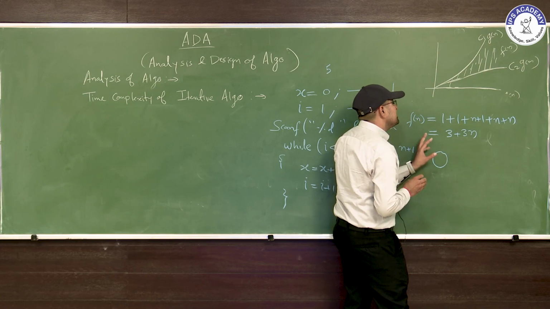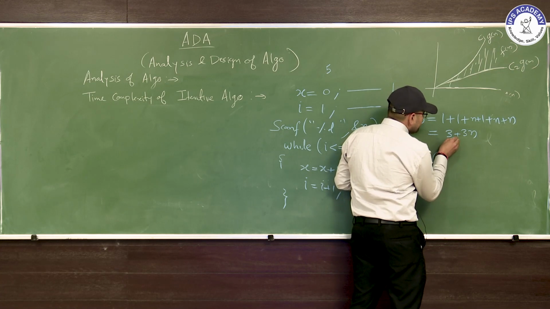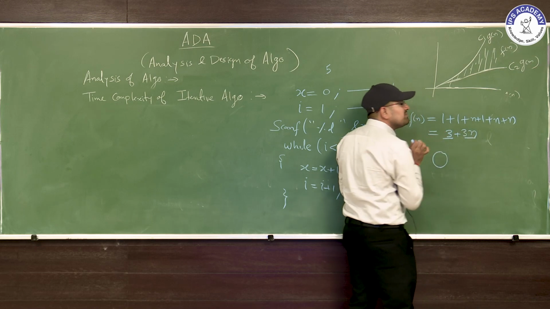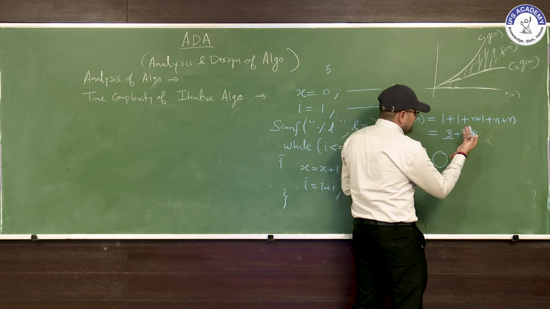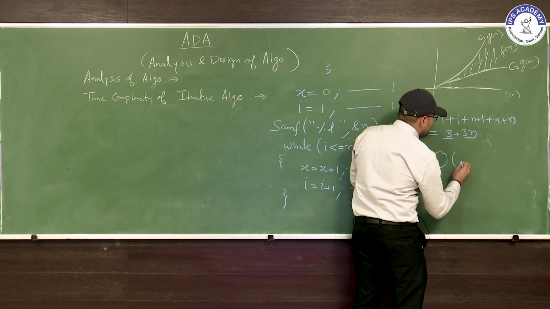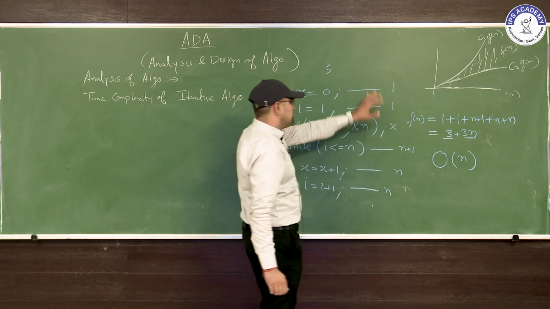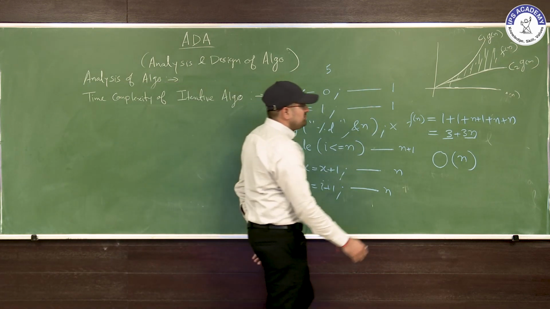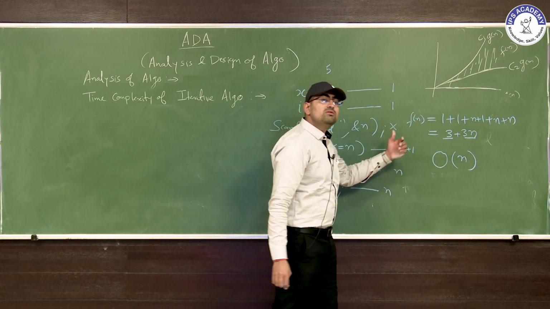So the complexity would be big O of, if here we can see constant time complexity is also available and linear time complexity is also available, we would go for the worst one, that is the linear time complexity. So the complexity would be order of n as far as this block of code is concerned. It would be big O of 3 plus 3n, that is big O of n, that is order of n.